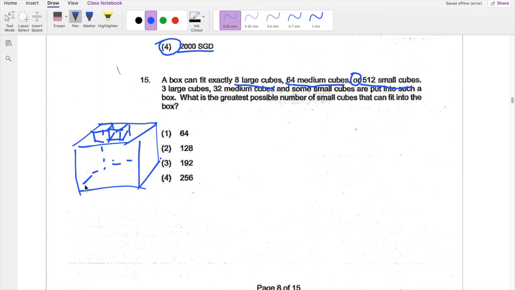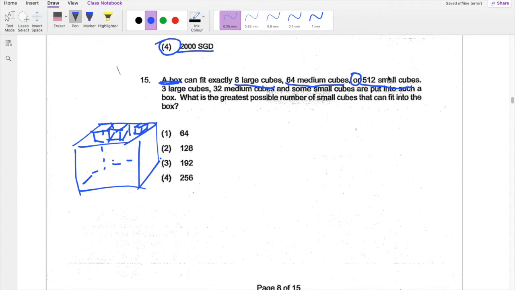We fill this box. We also can use some small cubes, medium cubes to fill it, or use small cubes to fill it. But whatever we use, large, medium, or small, the total volume is equal, which is the volume of the box.